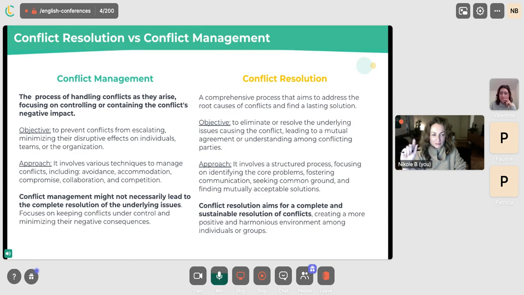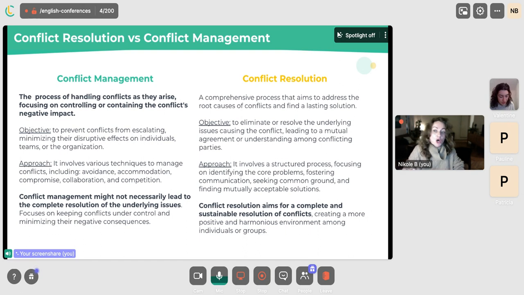So let's look at the difference, and this is an important distinction: the difference between conflict resolution and conflict management. So what is conflict management first?